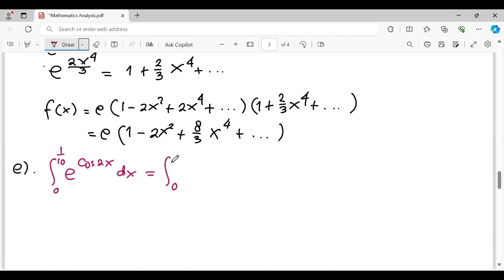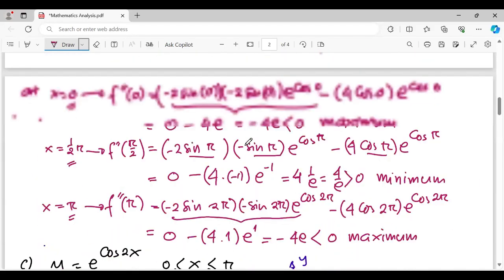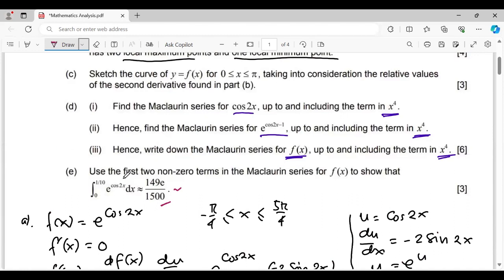So it is the integral from 0 to 1 over 10 of e times 1 minus, wait, use the first two non-zero terms. Yeah, non-zero.